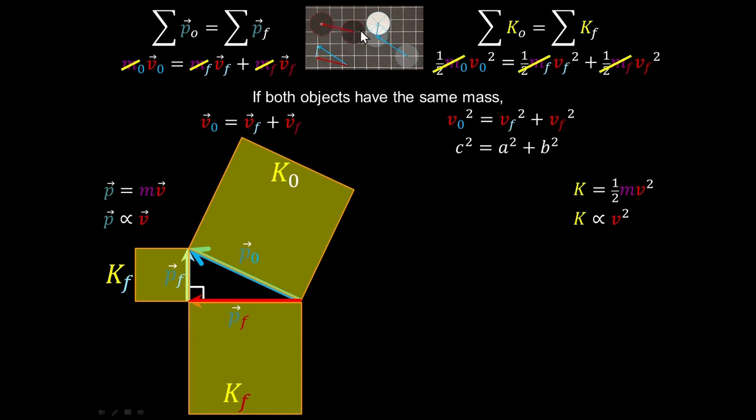If these two pucks have the same mass, and momentum and kinetic energy are both conserved, the one puck comes in, and this puck and that puck will bounce off each other at right angles to each other. And if they bounce off at right angles, then both momentum and kinetic energy were conserved.